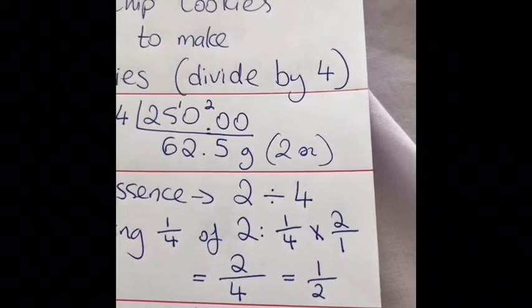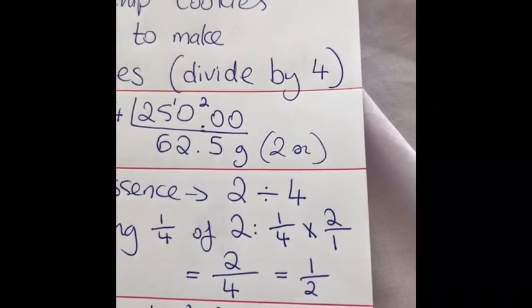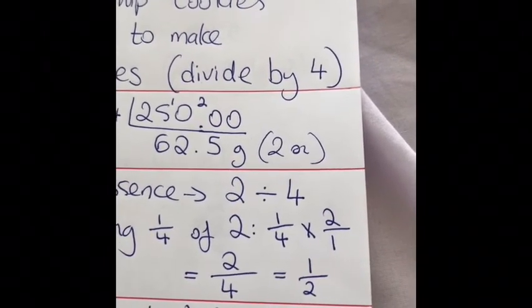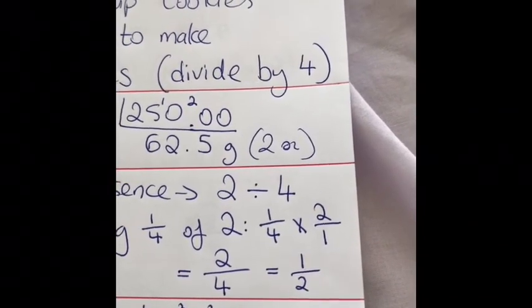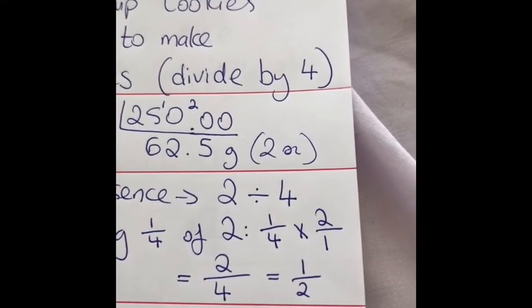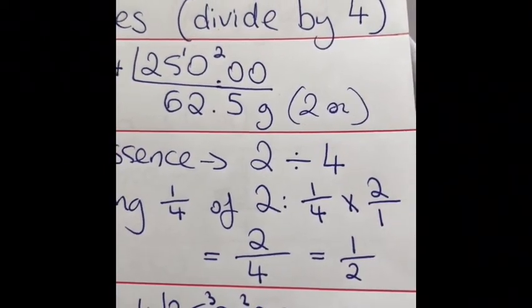So 1/4 multiplied by, and put my 2 over 1 to turn it into a fraction. And then when multiplying fractions, as we've looked at before, you multiply top by top, bottom by bottom. So 1 multiplied by 2 gives us 2, and 4 multiplied by 1 gives us 4.